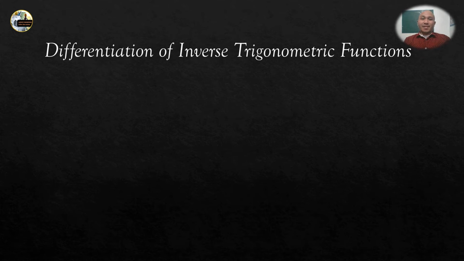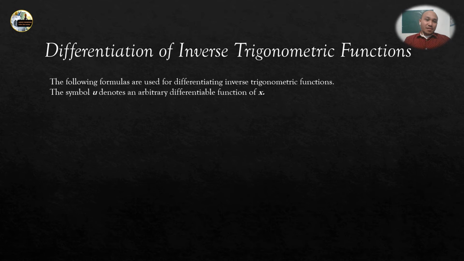Our next topic, differentiation of inverse trigonometric functions. The following formulas are used for differentiating inverse trigonometric functions. The symbol u denotes an arbitrary differentiable function of x.